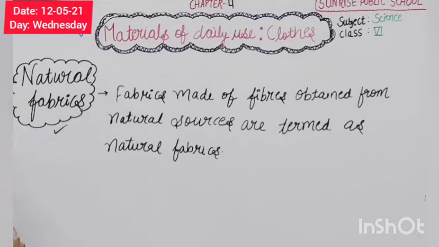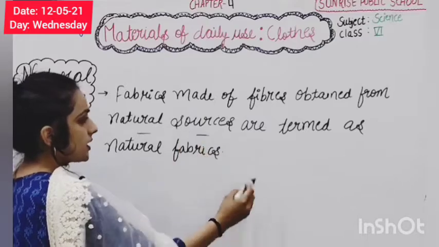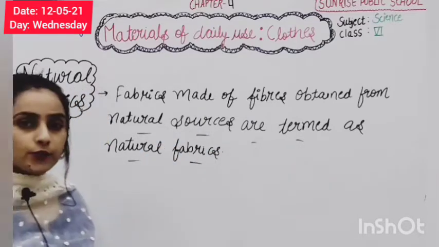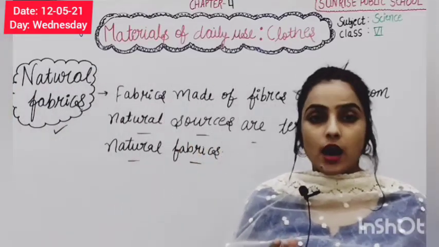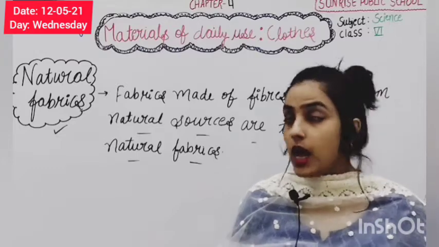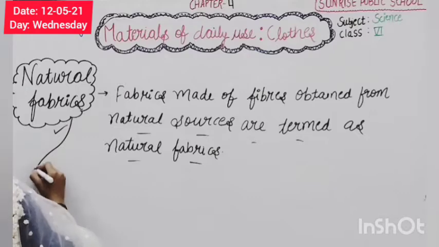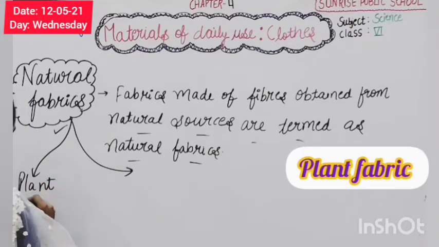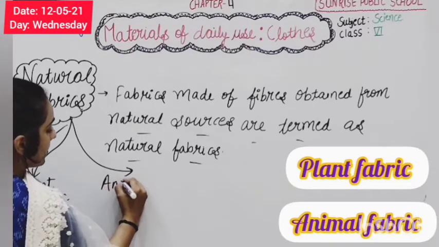Fabrics made of fibers obtained from natural sources are termed natural fabrics. They are obtained from plants as well as from animals. And on the basis of their origin, they are of 2 types: plant fabric and animal fabric.